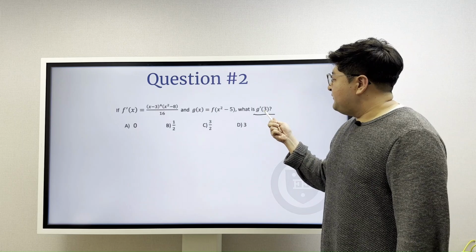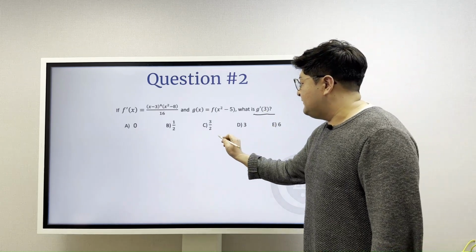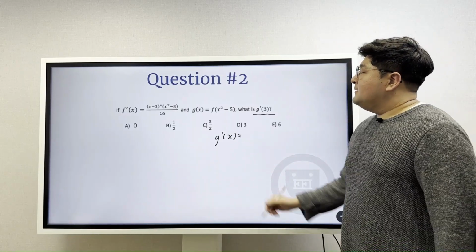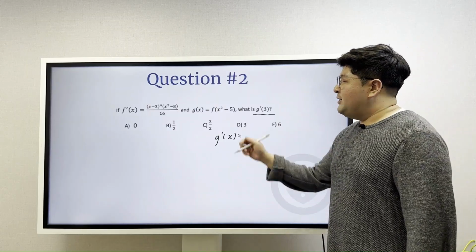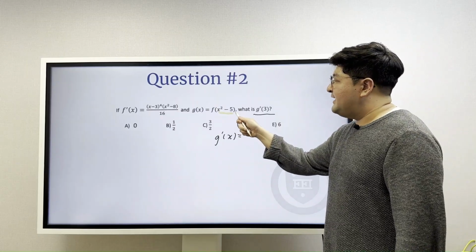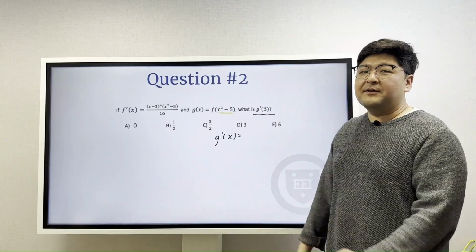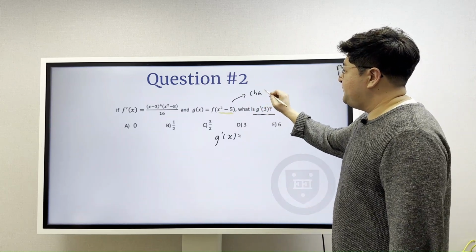Now, since we have to find the derivative of g and then we have to plug in 3, let's find the derivative of g first. Here we have g, they told us is f of x squared minus 5. Now we have a function x squared minus 5 inside another function f. When we take a derivative of a composite function like this, remember we have to use chain rule.